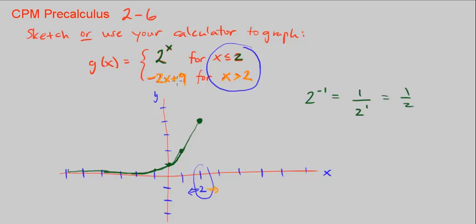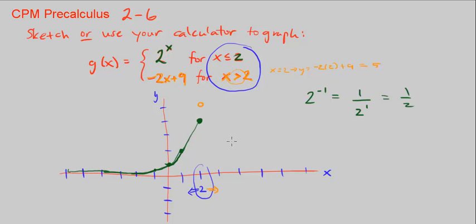Negative 4 plus 9 is 5. So it would be up here at 1, 2, 3, 4, 5. But I'm going to draw it as an open circle at x equal to 2. Y here is negative 2 times 2 plus 9, which is 5. But I know it's an open circle because it's just greater than.